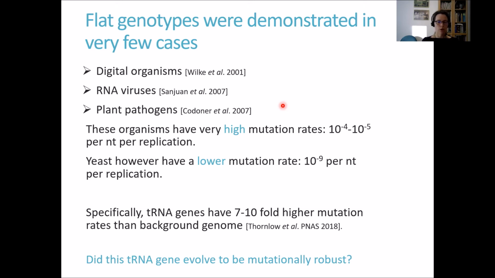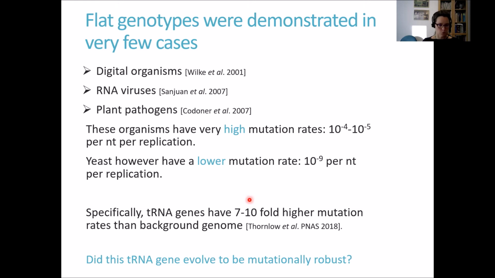So it's around 10 to the minus 9 here. So although tRNA genes were reported recently to have a higher mutation rate by 10-fold compared to the background genome, still we're talking about a lower mutation rate compared to the viral one.